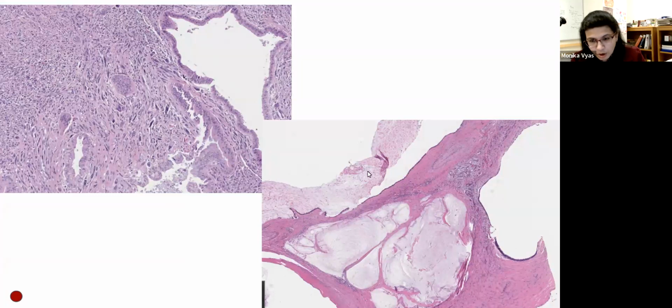We can see on the top left corner of this picture, there's a big pool of mucin which is lined by neoplastic epithelium, and similarly on the right side as well. This morphology is important to recognize, especially in conjunction with intestinal type IPMNs, because they often show a colloid carcinoma component. Again, the prognosis of these tumors is very good, depending of course on the stage and extent of invasive carcinoma.